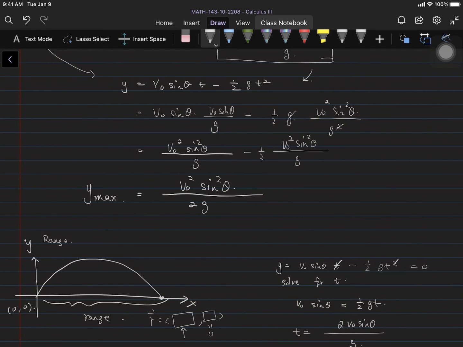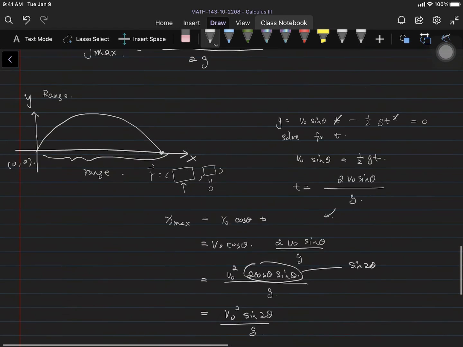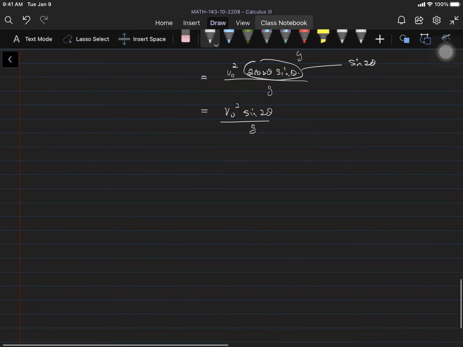Now we can take a look at the example. It's a pretty easy one. Example 2.